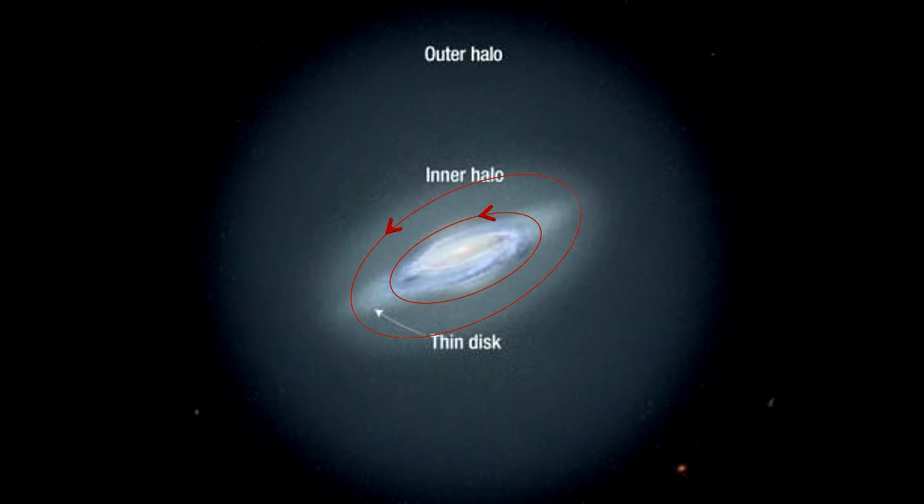The inner halo, located well outside the disk, rotates in the same direction, but more slowly, at 50,000 miles per hour. In the outer halo, most components spin in the opposite direction, at about 100,000 miles per hour.